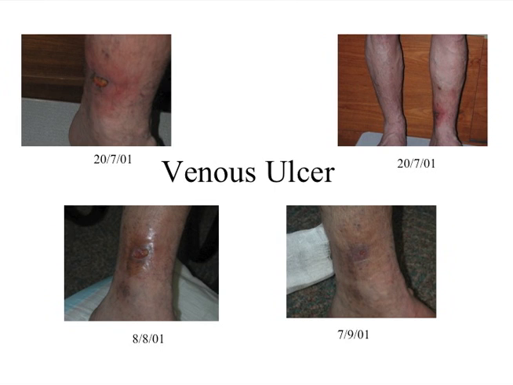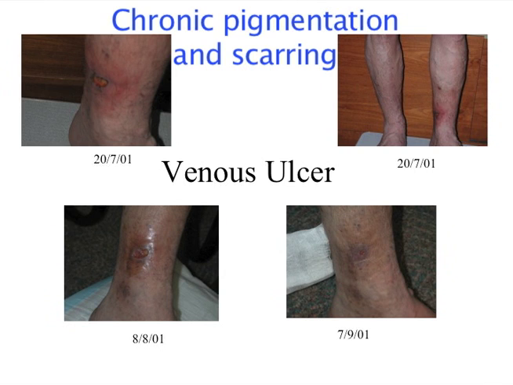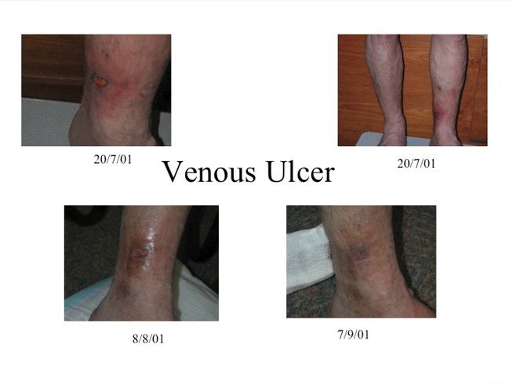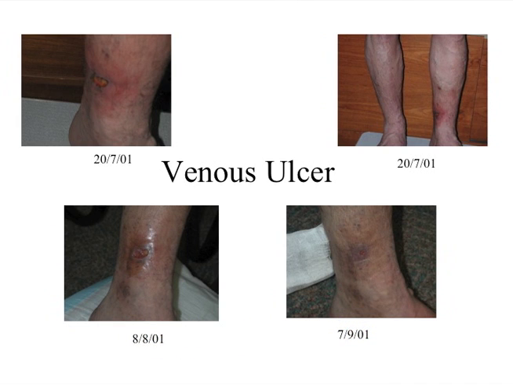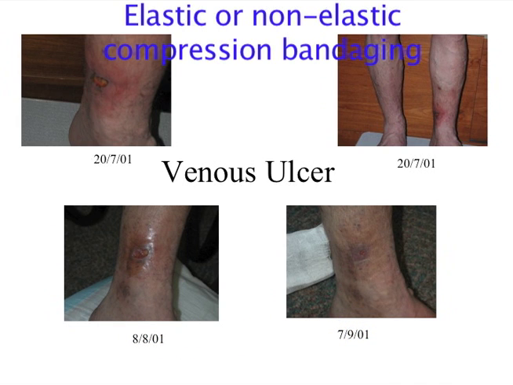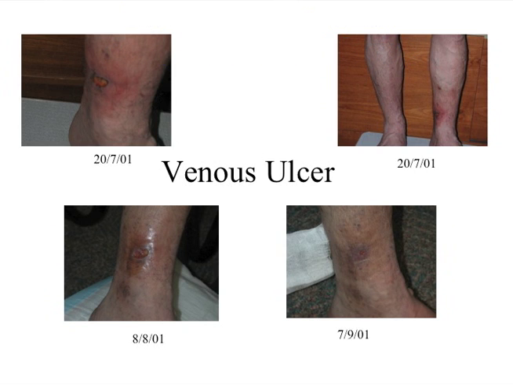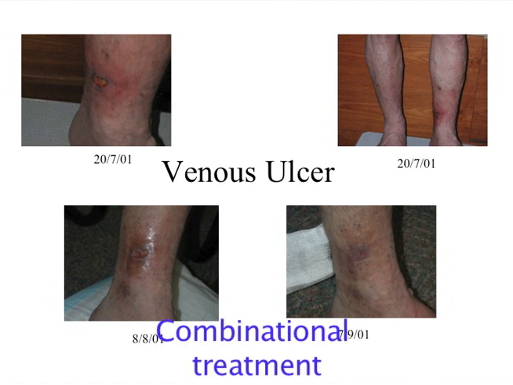There is usually chronic pigmentation and scarring from high venous pressure. These ulcers can be healed by treating the varicose veins appropriately, by elastic or non-elastic compression bandaging and skin grafting, or a combination of all of these, depending on the patient's particular circumstances.